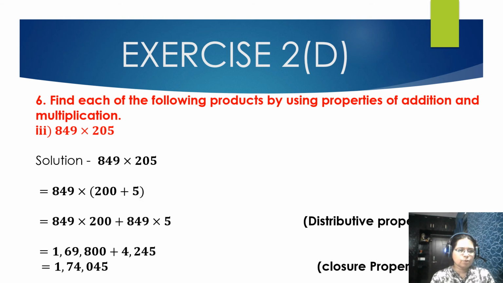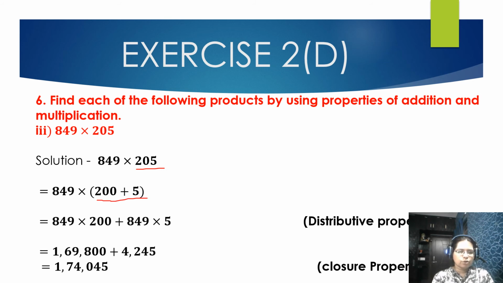Now we have to find the product of 849 multiplied by 205 using the properties of addition and multiplication. We can write 205 as 200 plus 5.